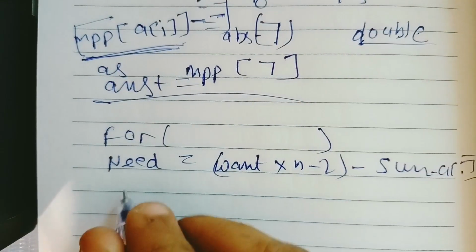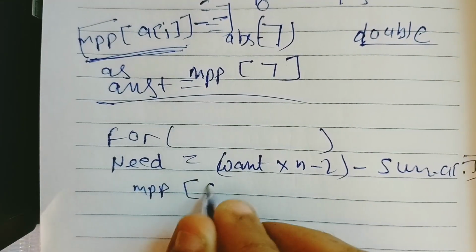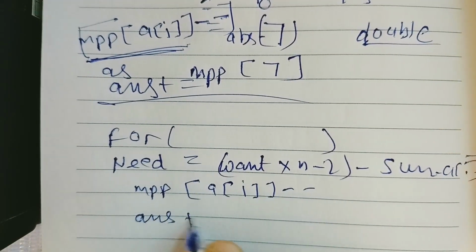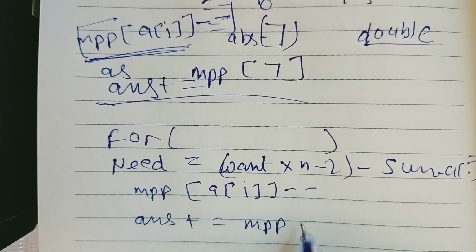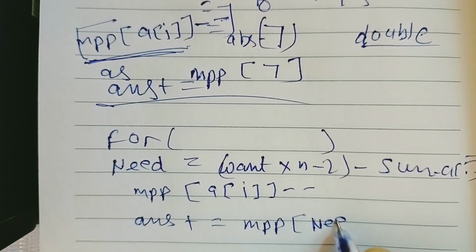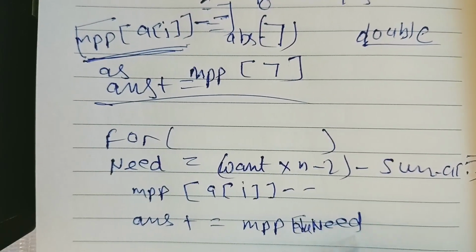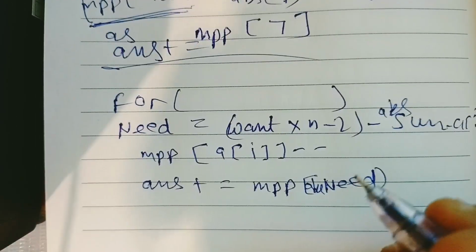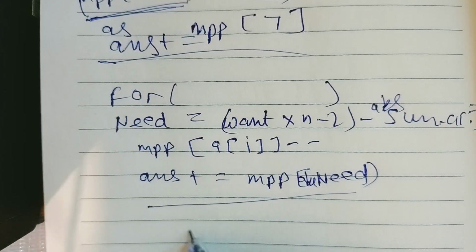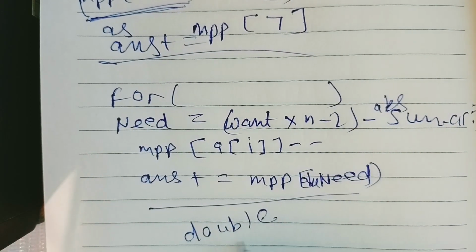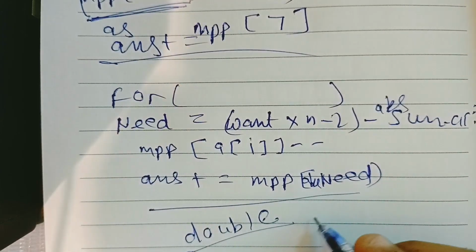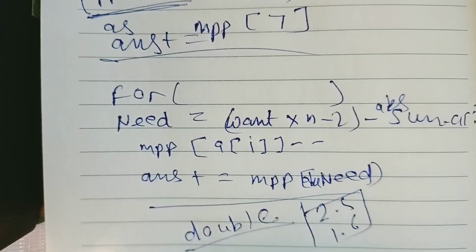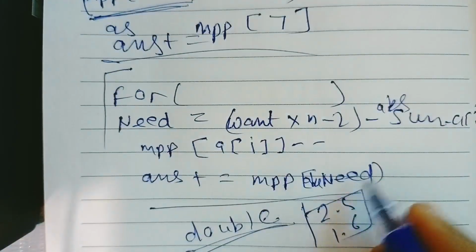We will also decrement the value of a of i in the map, and add to the answer if we have any such value of need, taking the absolute of this. Please use absolute. Also use double everywhere, because we are taking the mean, and the mean can be a float value like 2.5 or 1.6.